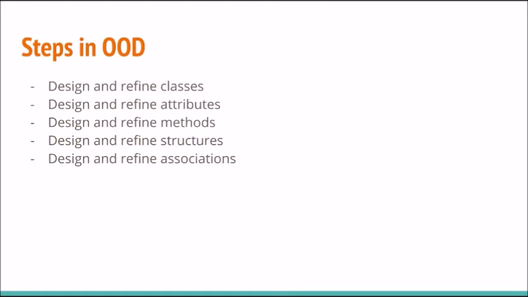After that, we design and refine the methods, or the public and protected methods that serve as the business logic of the object-oriented model. After that, we go to the structure of the object model. We have to define which ones are at the higher hierarchy and which ones are at the lower. And then in the final step, we refine the associations between all the classes.